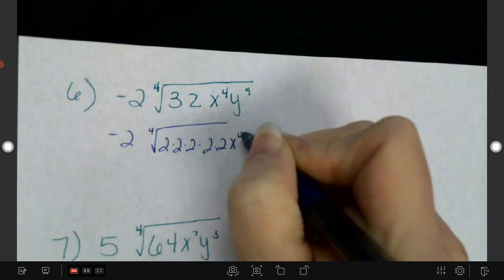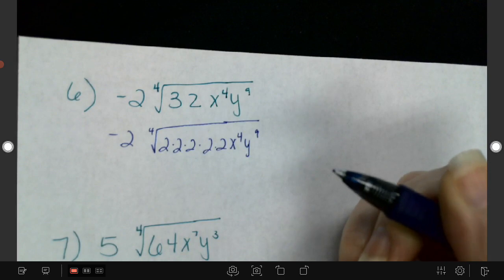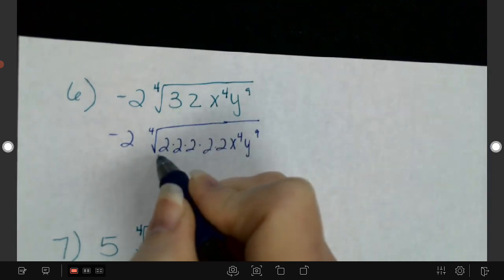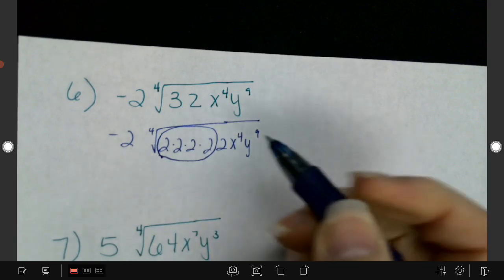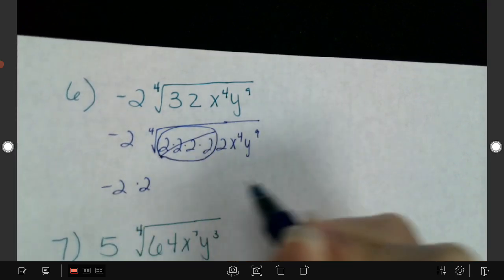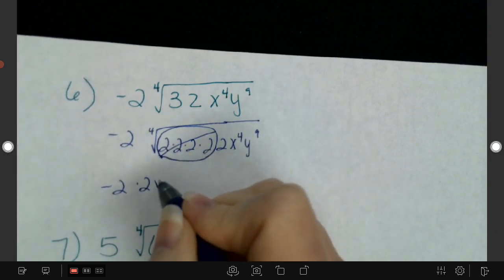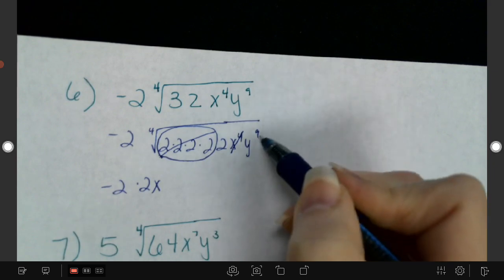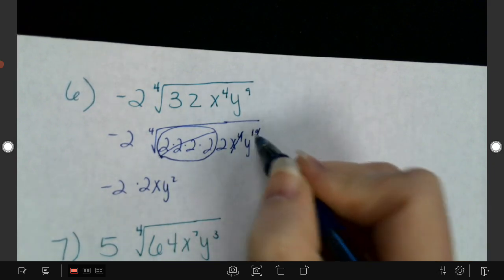And then x to the 4th, y to the 9th. All these 2s make 32. So we need 4 of them. So we're going to grab 4 of them because our root is 4. And so we've got -2. These all come out as 1. And x, you have a 4 divided by a 4 gives you 1x, and that's all gone. 9 divided by 4 is 2, and you get 1 left over.